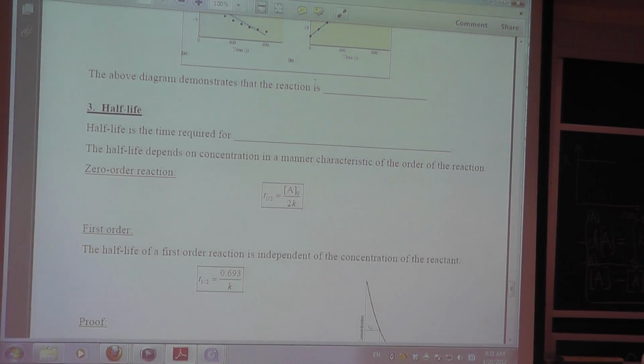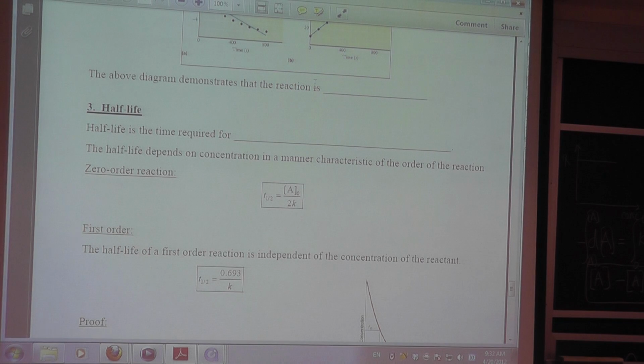We talked extensively about first order reactions at the beginning of the semester. Nuclear decay. Nuclear decays are first order processes.